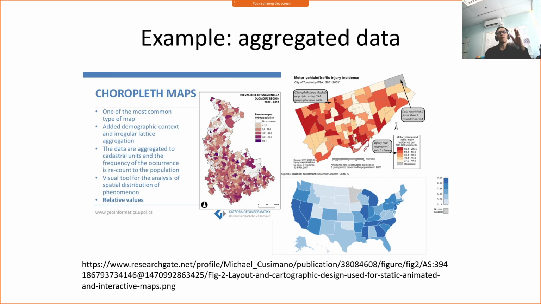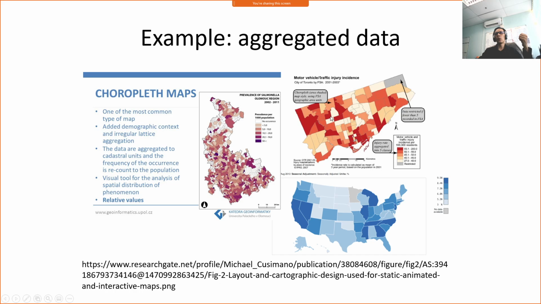So this is an example of aggregated data and how you can use a choropleth map to visualize aggregated data. So you can see this area red and suddenly white or very light yellow, and then you have these sorts of boundaries.